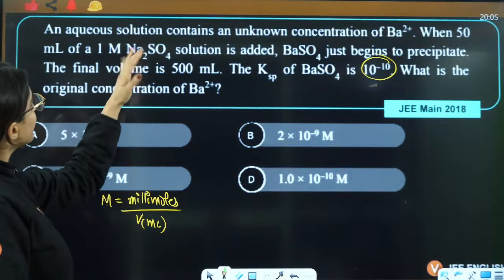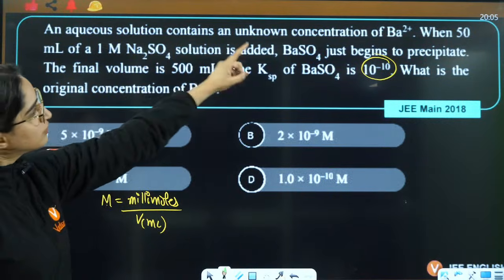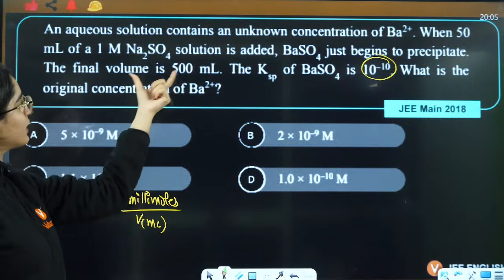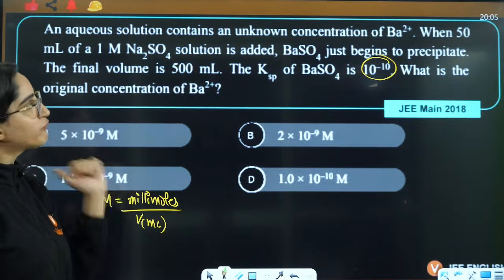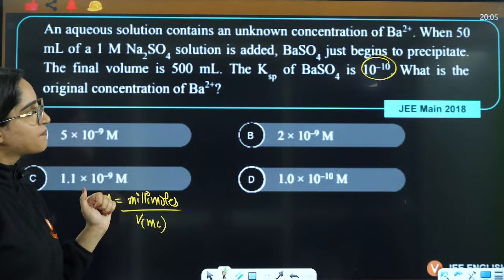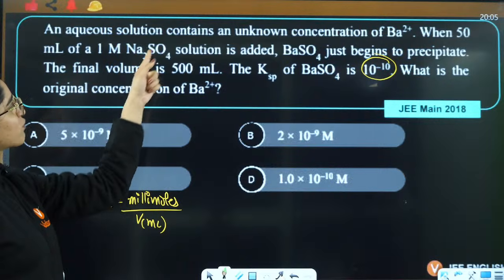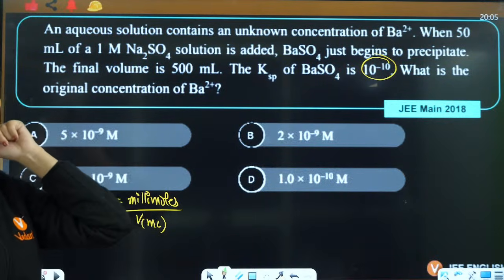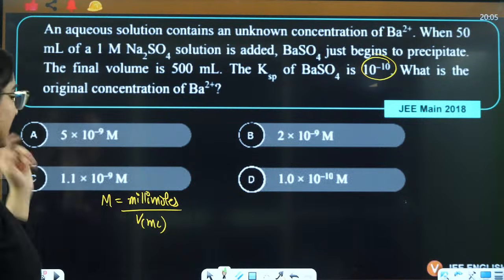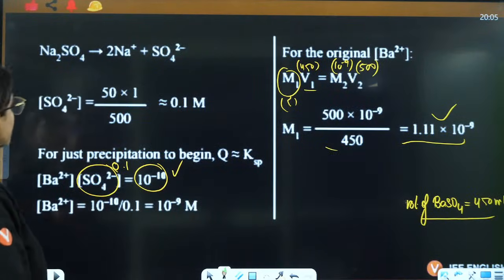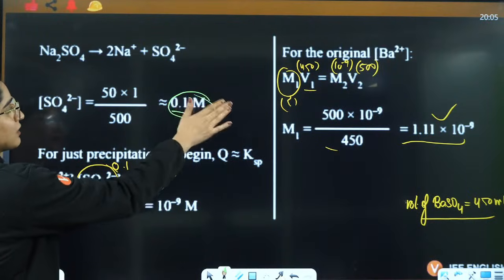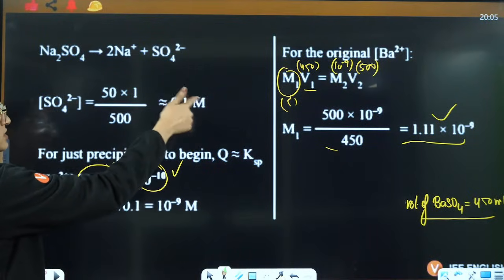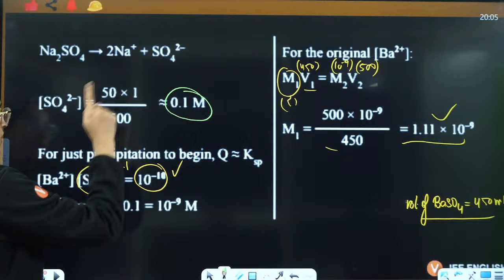So Na2SO4 is 50, total is 500, so BaSO4 will be 450, right? Firstly you calculated how many millimoles of SO4 2 negative there are. Then in the total solution, it will be this much molarity.